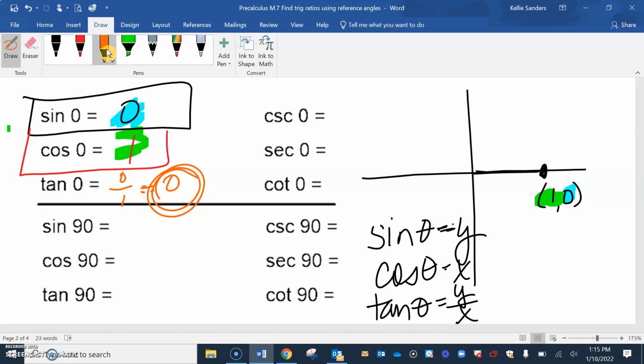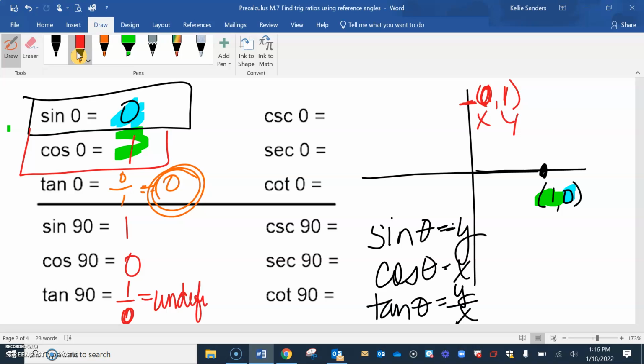And I'll do the 90-degree one, and then I'll be done with that. I'm not going to do 180 or 270. How do you get here? You go over 0 and up 1. So that is your x and that is your y. So sine 90 is going to be 1 this time, and cosine 90 is going to be 0, and 1 over 0. Anytime 0 is on bottom, it is undefined. Okay.